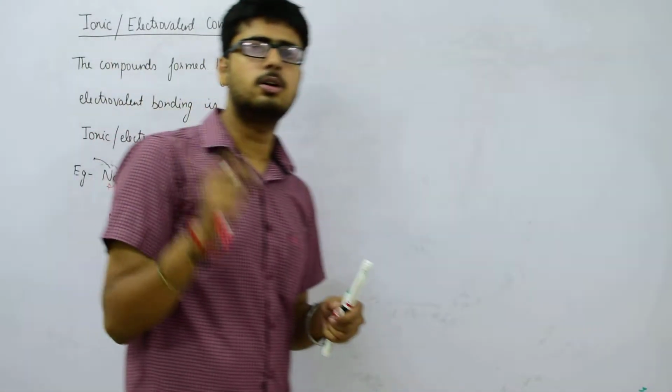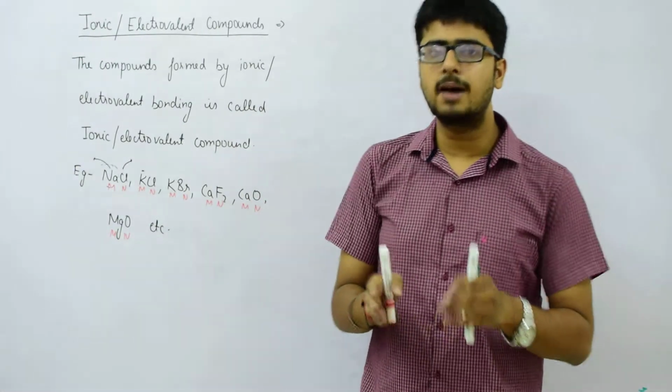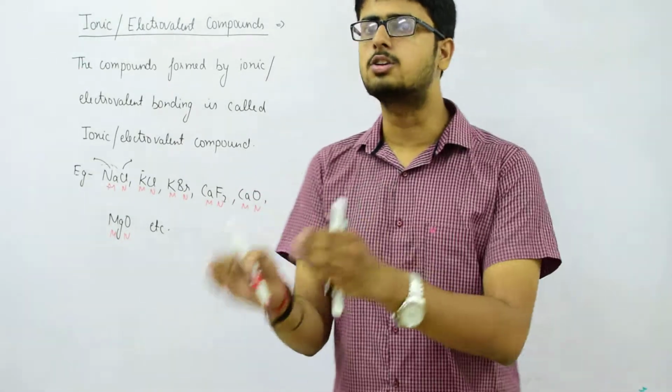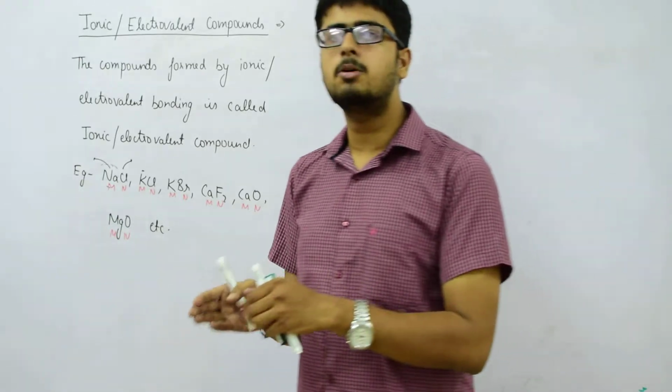So what do we mean by ionic or electrovalent compound? The compounds which are formed by ionic or electrovalent bonding are called ionic or electrovalent compounds. How can we judge whether the given compound is ionic?